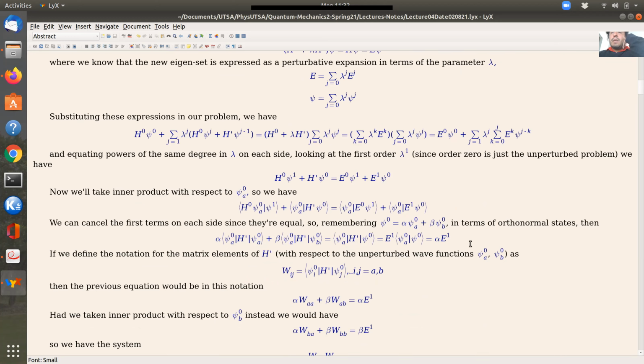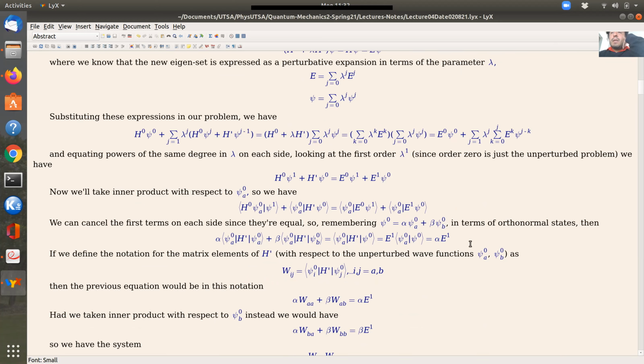So basically this constant came out, and then we apply inner product and orthonormality, and that's why we get only the coefficient alpha multiplied by E1. So, okay, so far so good. And now we're going to introduce a notation for the matrix elements of H prime in this degenerate subspace. Of course, the bases we're taking in the degenerate subspace are the wave functions psi 0a, psi 0b.